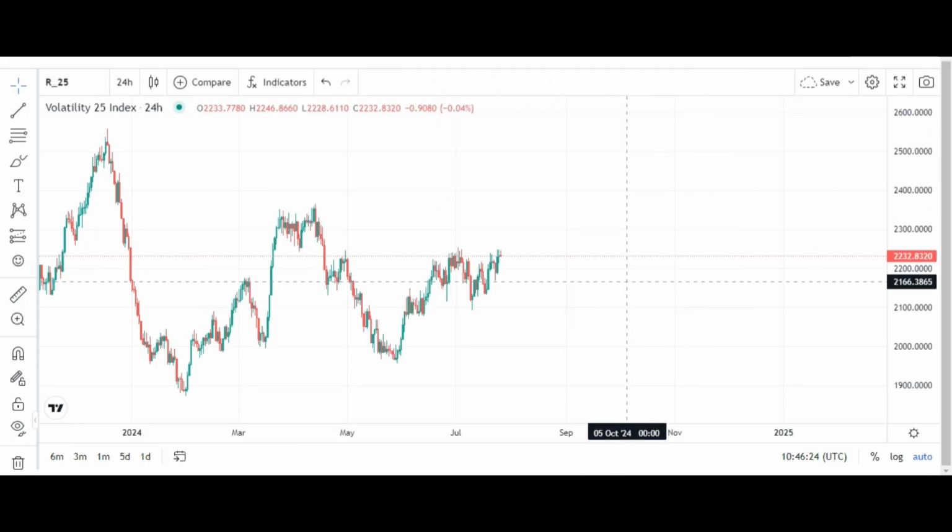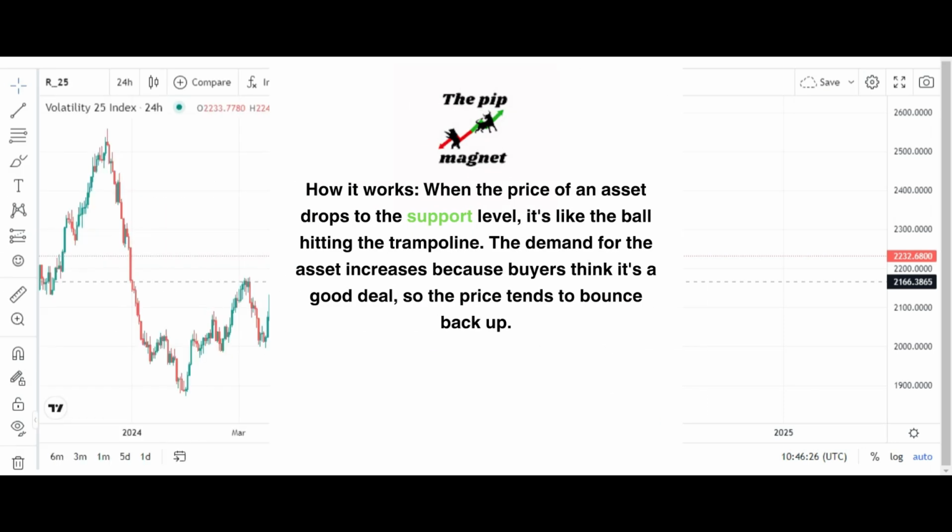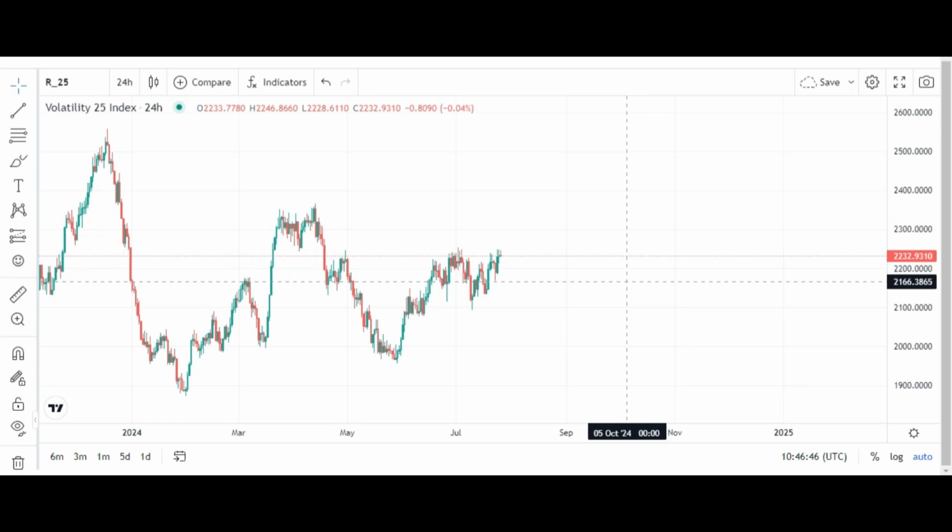How it works, basically, when the price of an asset drops to the support level, it's like the ball hitting the trampoline. The demand for the asset increases because buyers think it's a good deal, so the price tends to bounce back up. So basically, this is just a simple explanation of what support is.